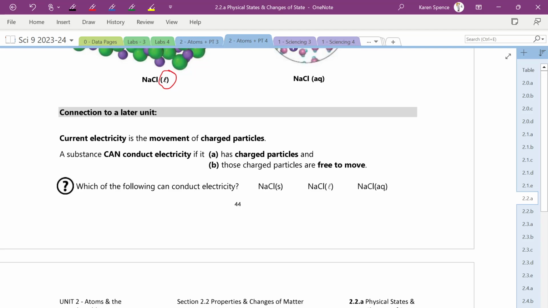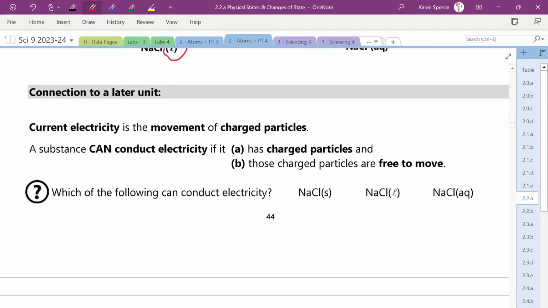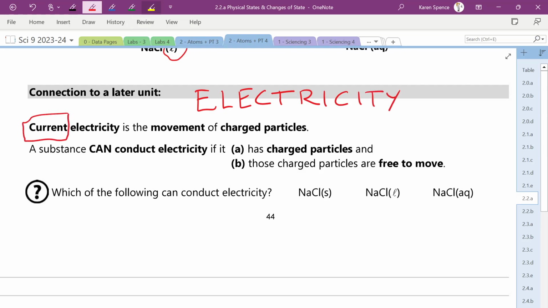Now, here we have a connection to a later unit. Not our next unit, but one of our later units is going to be electricity. And when we have current electricity, what do you think of when you think of current?